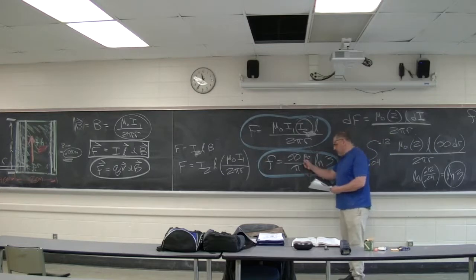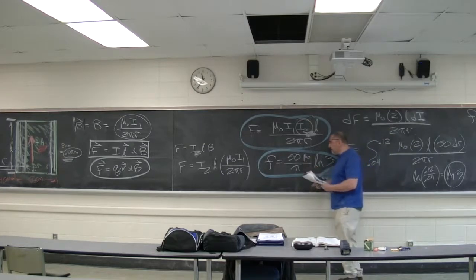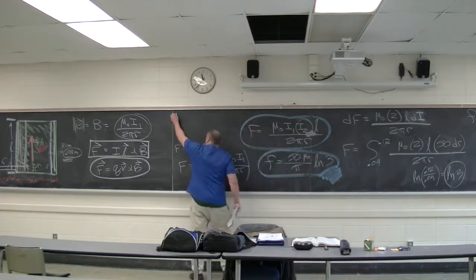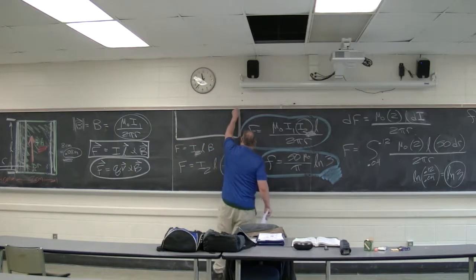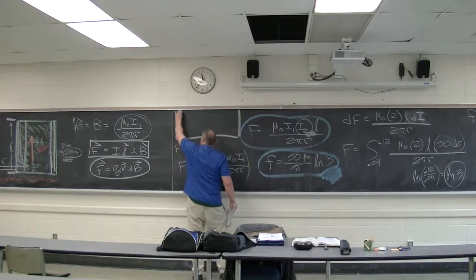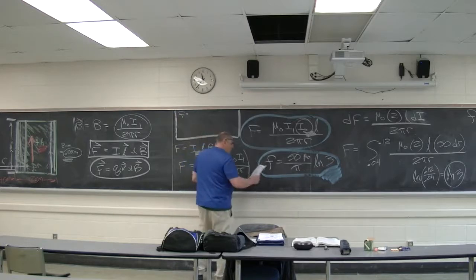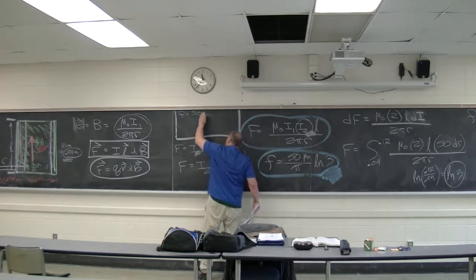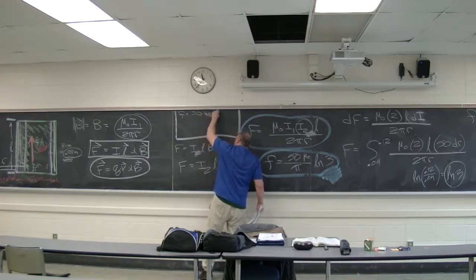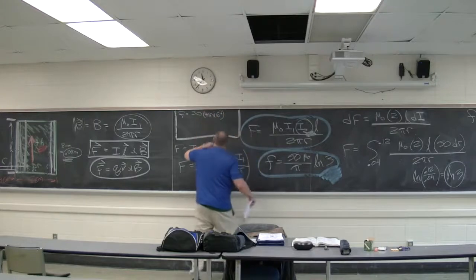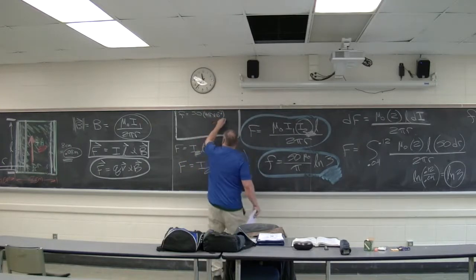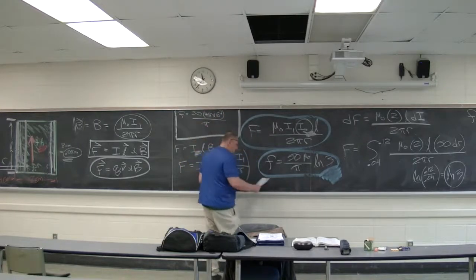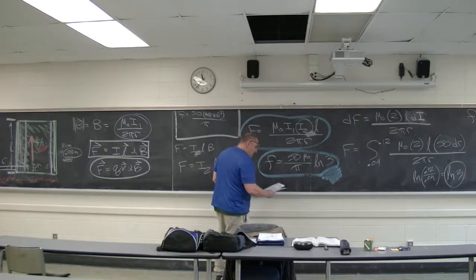This mu 0 means 4 pi times 10 to the negative 7. So you'd also have this as we go through here. The mu 0 is 4 pi times 10 to the negative 7, over pi, times ln of 3.